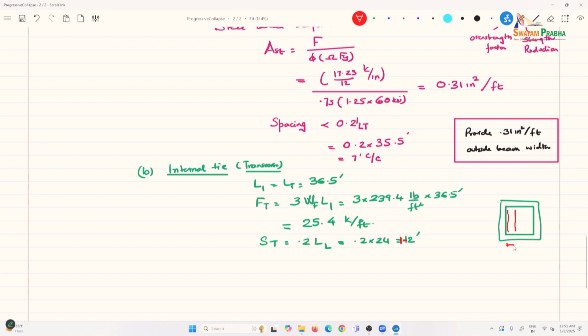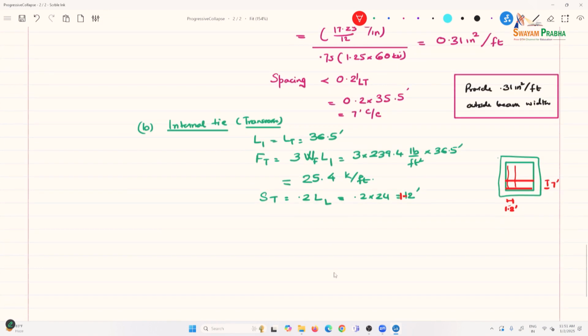So, you are providing the longitudinal ties within 4.8 feet, and in this direction within 7 feet. This is within each slab. So, you do not need to provide throughout, you can provide it within this outer range.